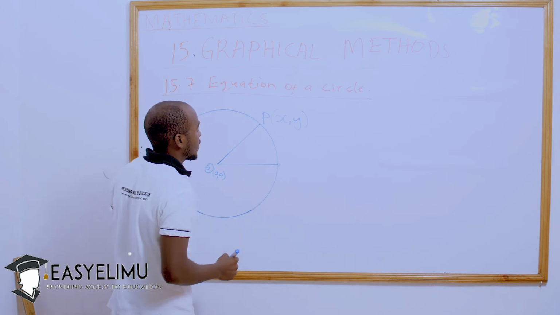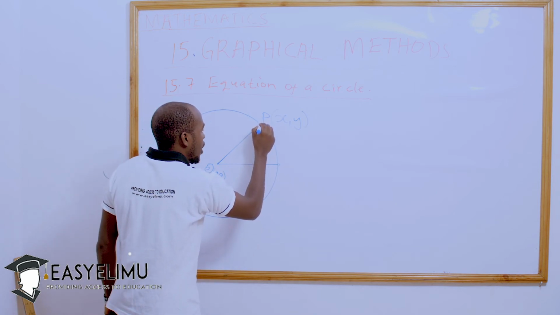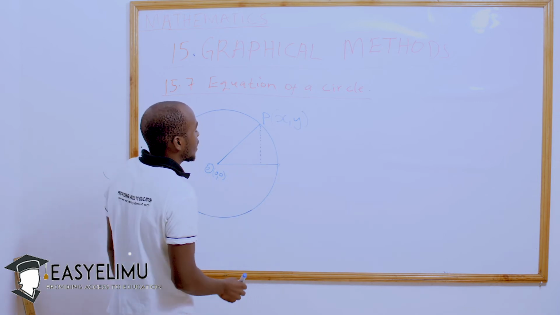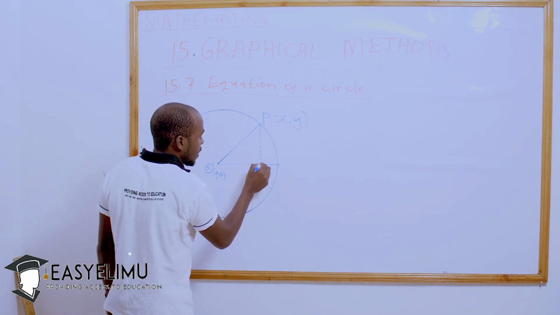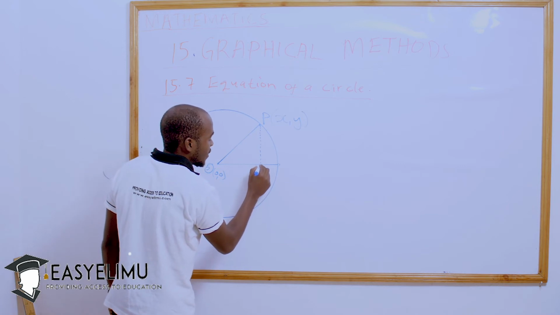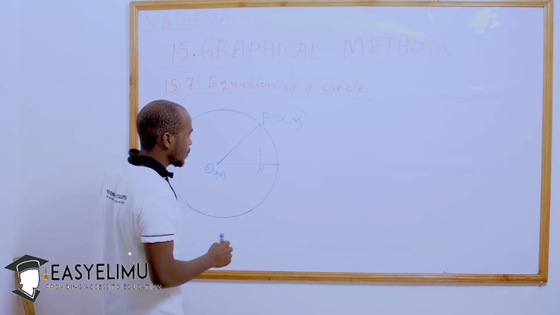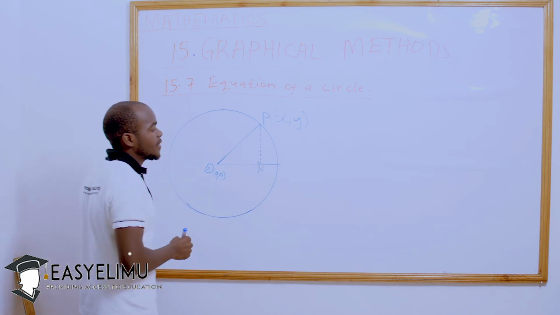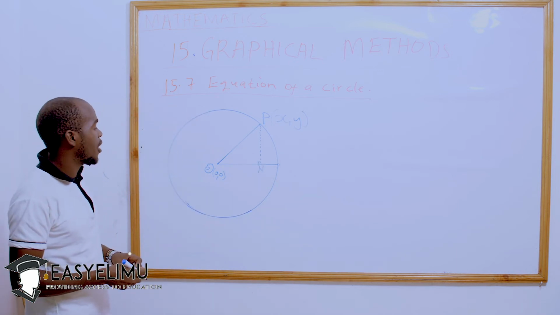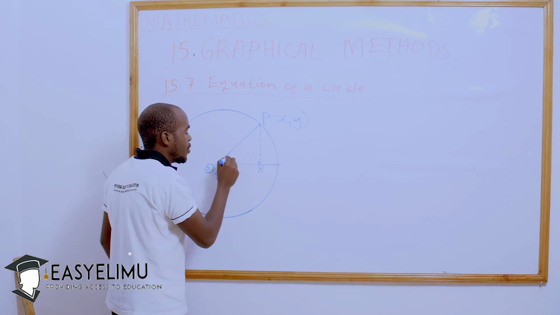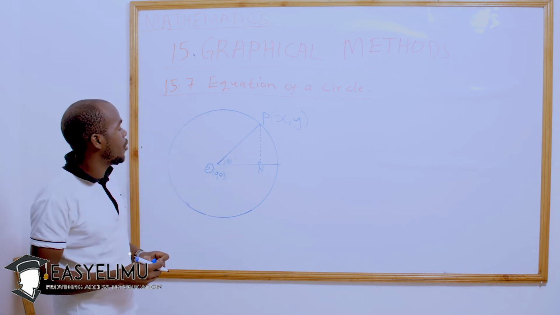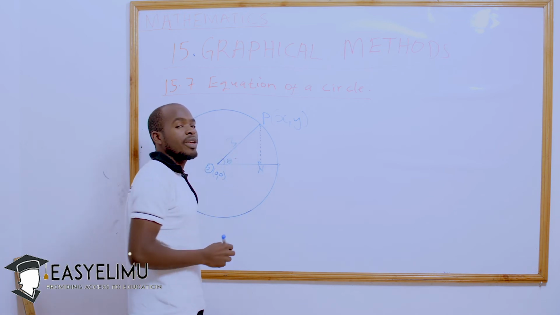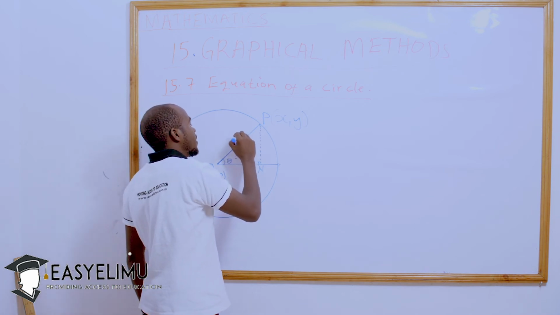If this is the x-axis, we can draw a perpendicular from P to meet it, such that the point where they intersect is, let's say, N. If we have that, we can see that it is a right angle triangle. And this one will be angle theta, which we don't know this time. But here we know the radius is 3 units.